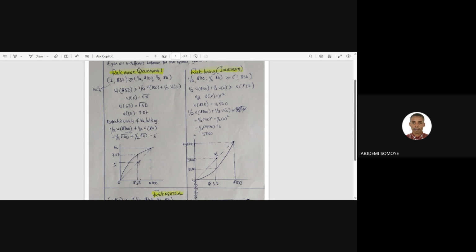So the first one is utility of 50. Utility of 50 equals square root of 50. I'm just picking the utility of 50 on the left-hand side and inserting it into this equation, u of x equals square root of x. So you have utility of 50 equals the square root of 50. Can you find on your phone or your computer what the square root of 50 is?